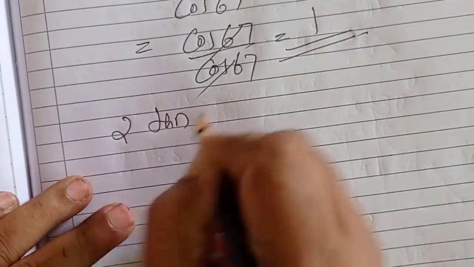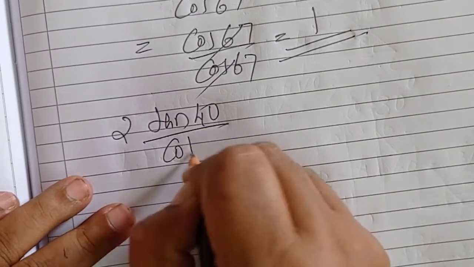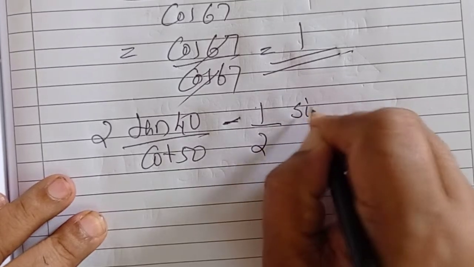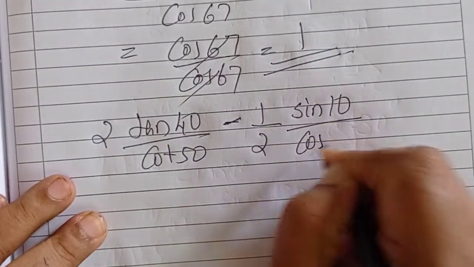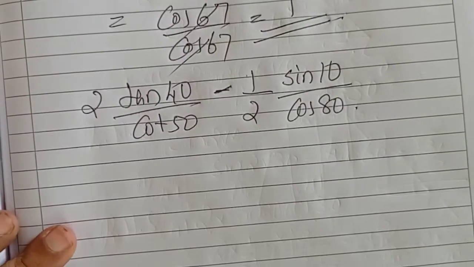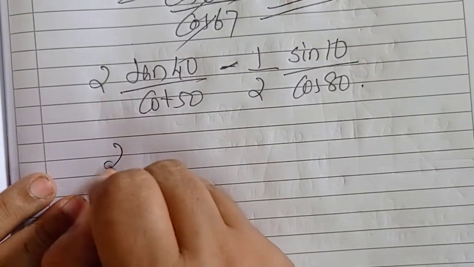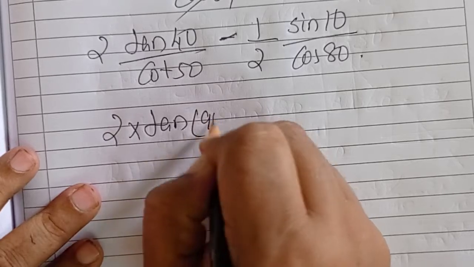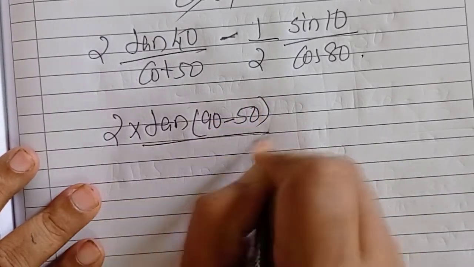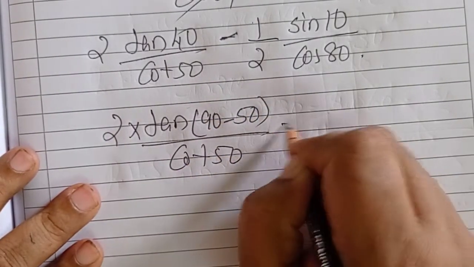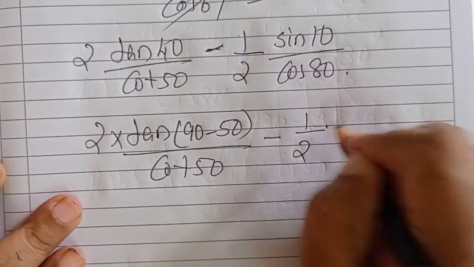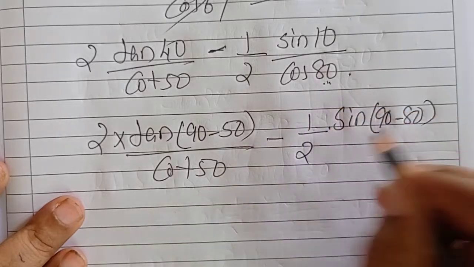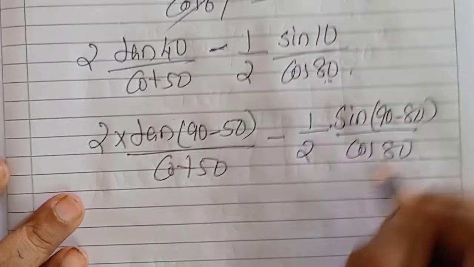Write one more question: 2 tan 40 by cot 50 minus 1 by 2 sine 10 by cos 80. Then 2 is a number. 2 into tan 40, how can you write? Tan(90 minus 50) by cot 50 minus half into sine(90 minus 80) by cos 80.